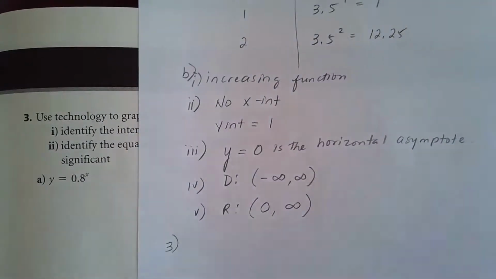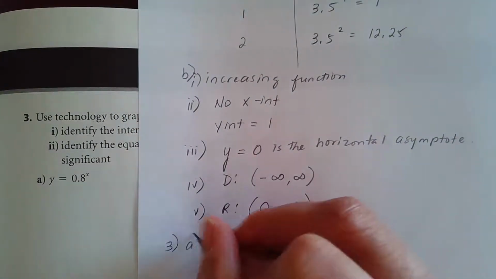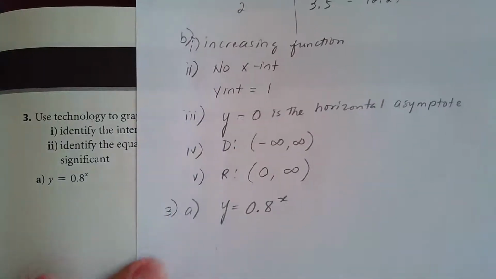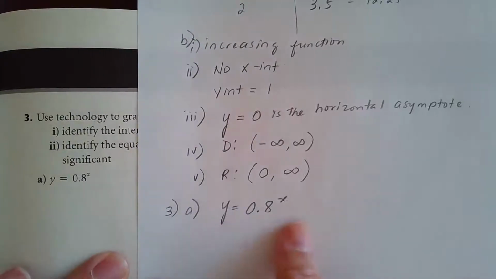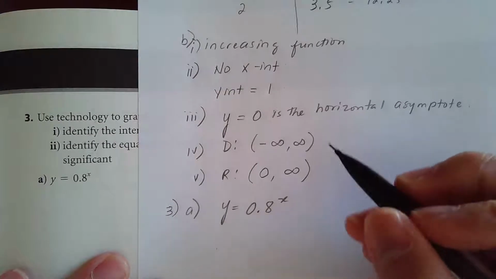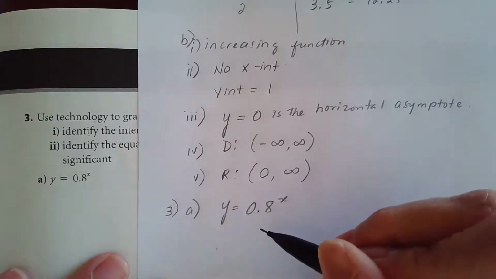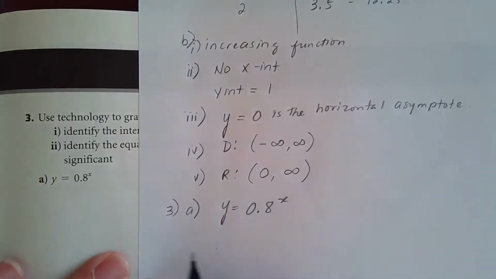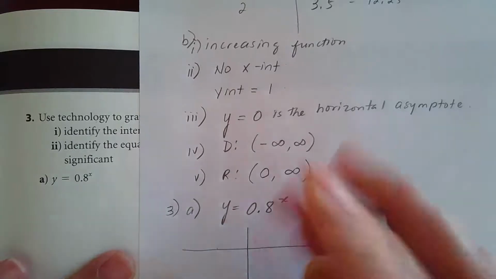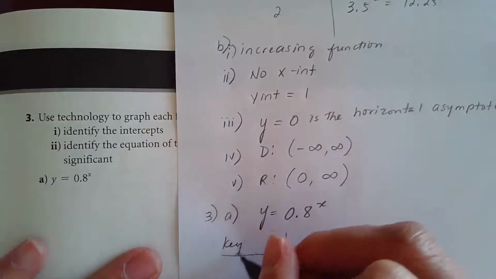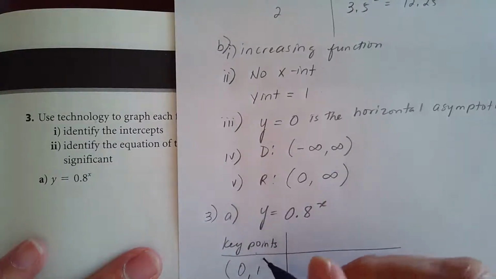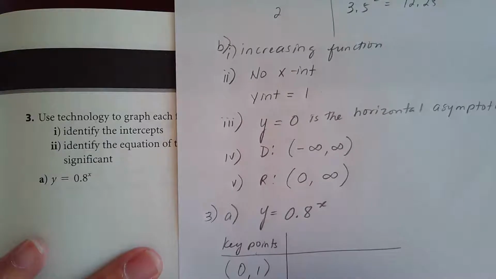So we can say y equals 0.8 to the x. So because this is an exponential function, we're looking at the key points here. The key points are if x is 0, y is 1, and when x is 1, it's going to give us the base. So the key points are (0, 1) and (1, whatever the base is).